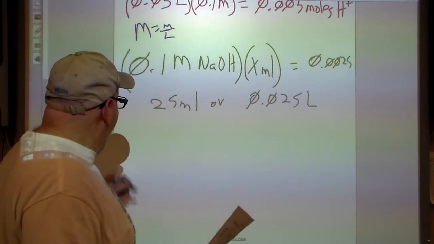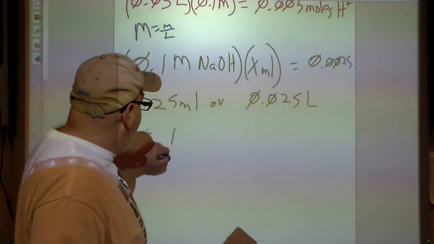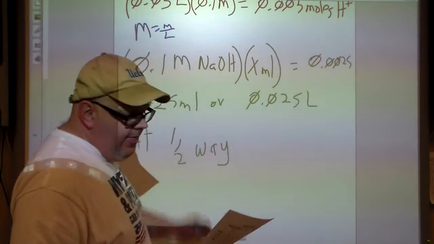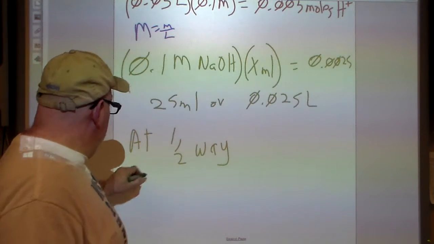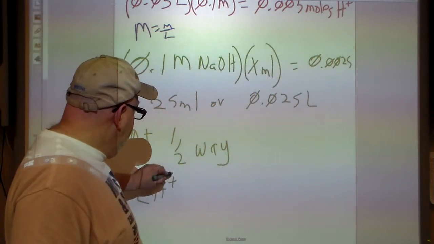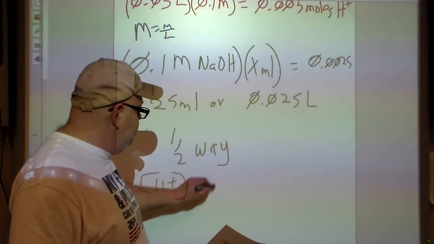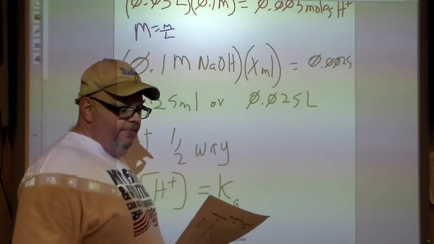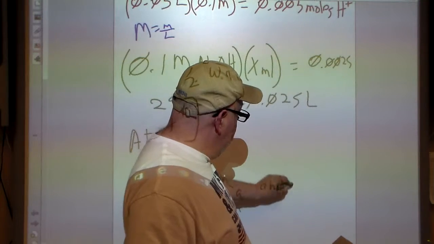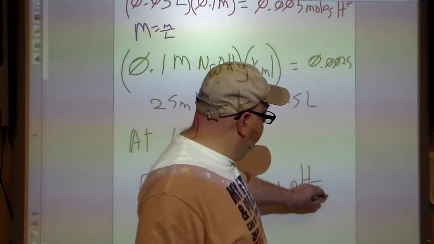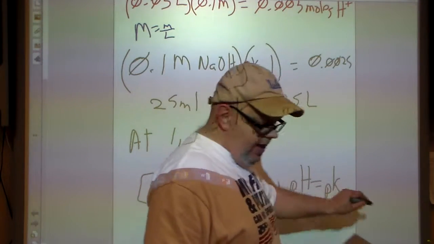Now here's the thing. At the halfway mark, there's a couple of things. One, the hydrogen ion concentration is going to equal our Ka, and our pH is equal to pKa.